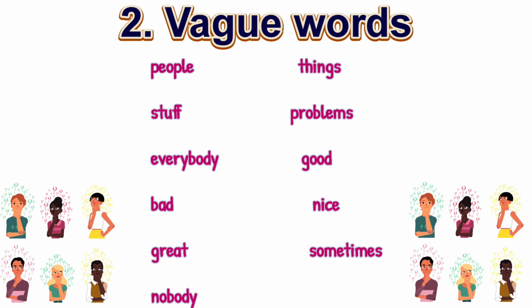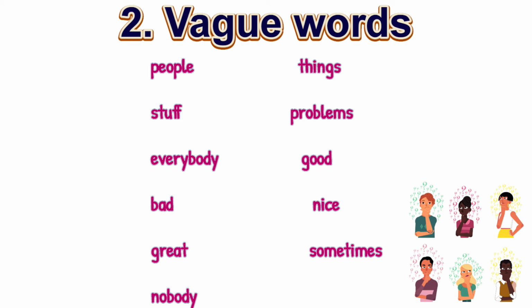Words such as people, stuff, everybody, things, everyone, and so many others are so vague. They do not give any meaning. They take away the meaning of our writing because the writing sounds empty.